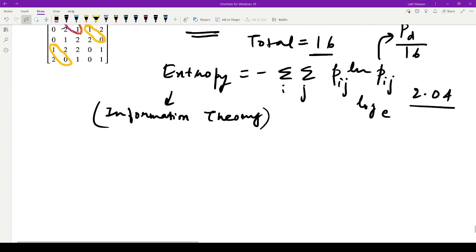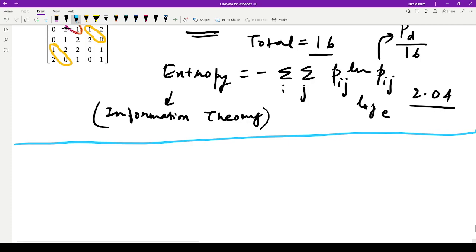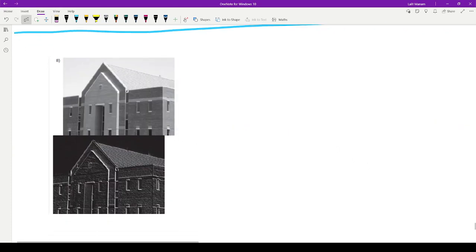So you need to check which mask was used to generate that high frequency image. That's the question. So this is the input image and this is the output image, right? Yes, sir.